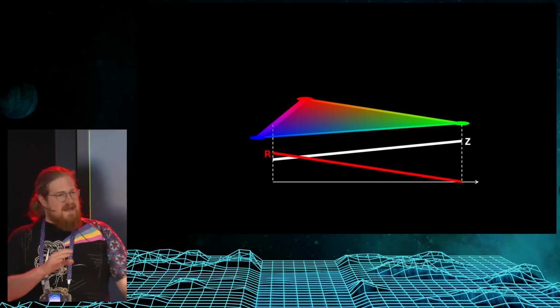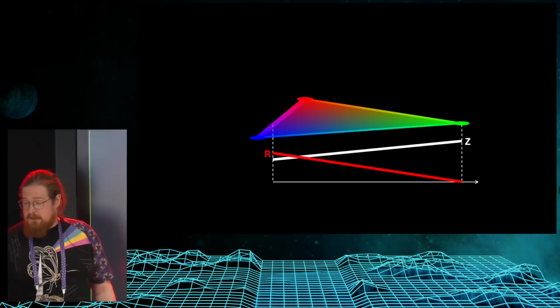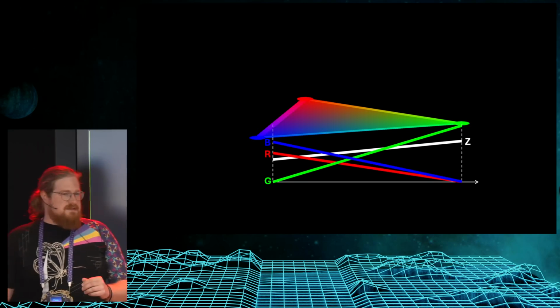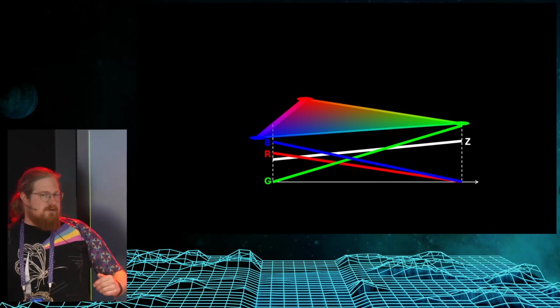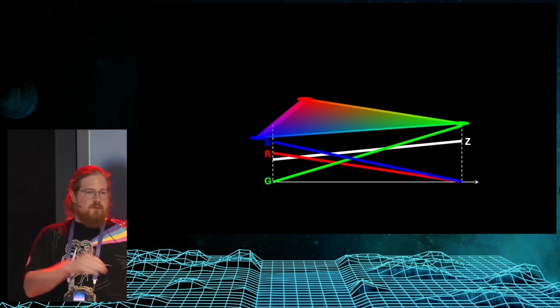But that's true for any property that you would have mapped on the vertices, like the red, green, and blue colors. What this means is that we really only need to calculate this gradient, the horizontal gradient, once for every triangle.